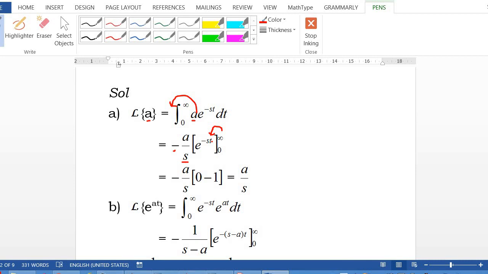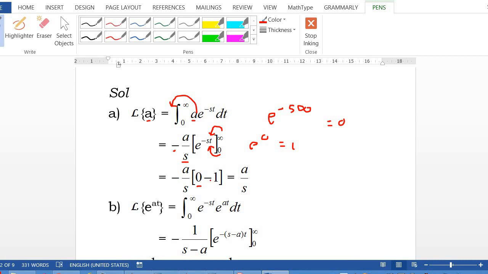When you plug in t equal to infinity, we have exponent negative s infinity, which is equal to 0. So minus the lower limit: exponent 0 equals 1. So take note that exponent negative s infinity will equal 0.